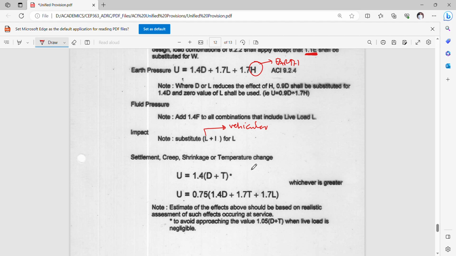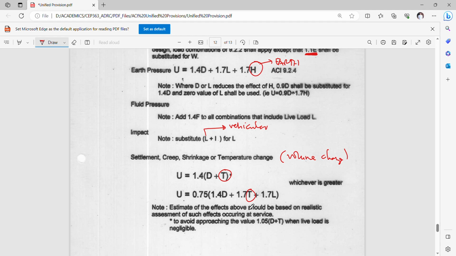So settlement, friction, pressure, temperature, anything that has something to do with volume change in terms of T is not considered here as a part of the dead and a part of the live. Okay, so it's just like considering it as a part of your basic load.